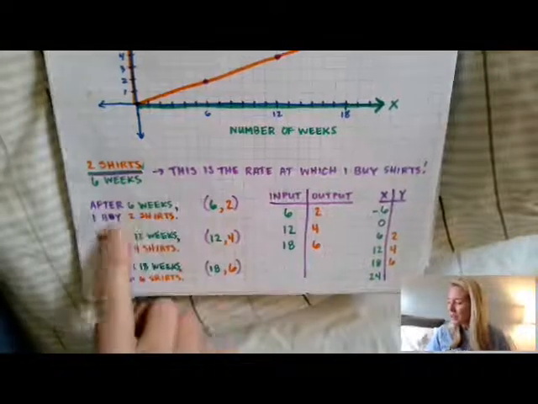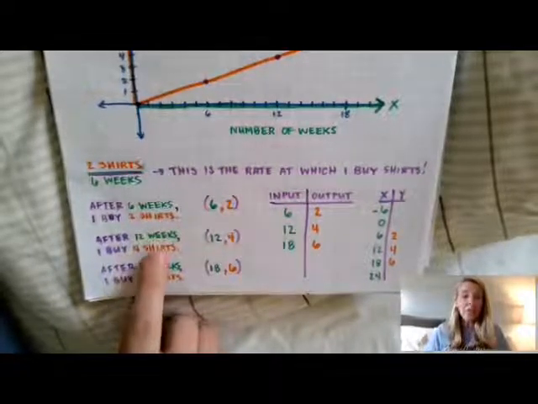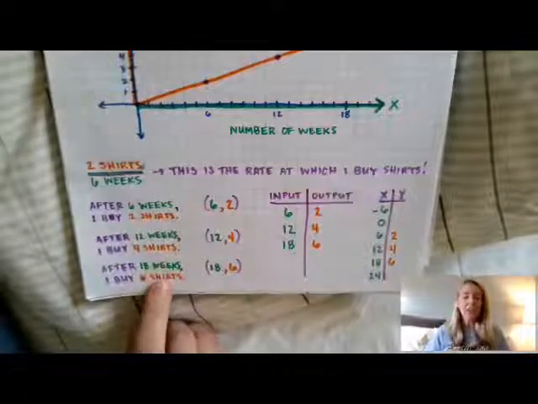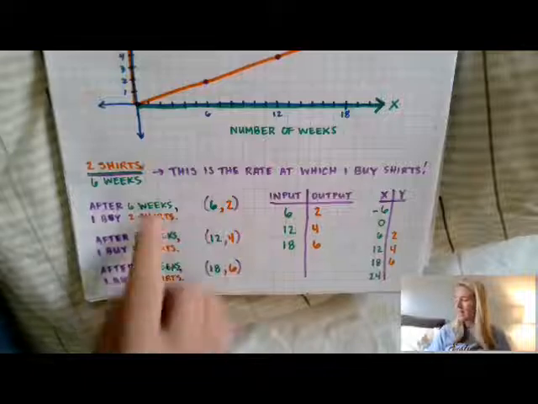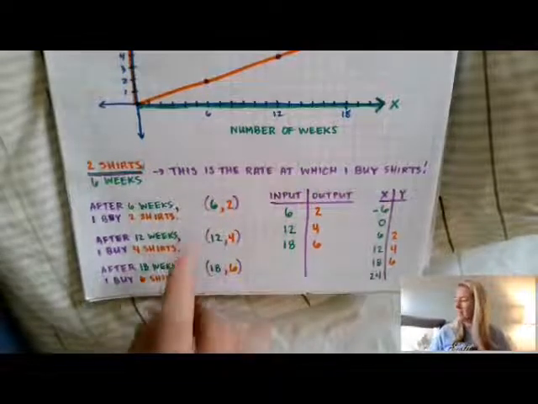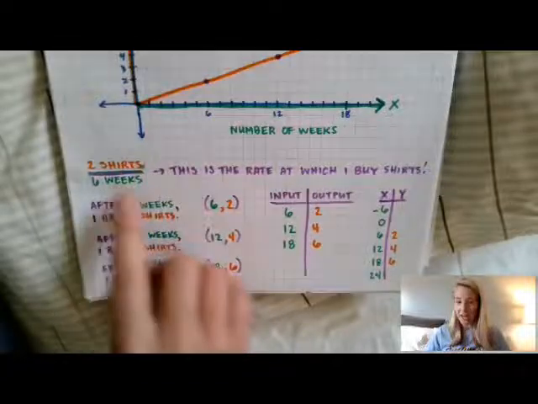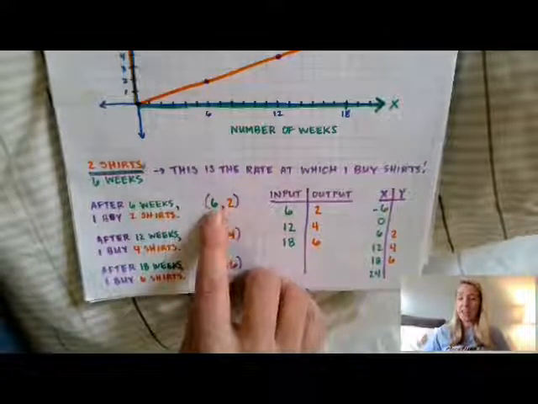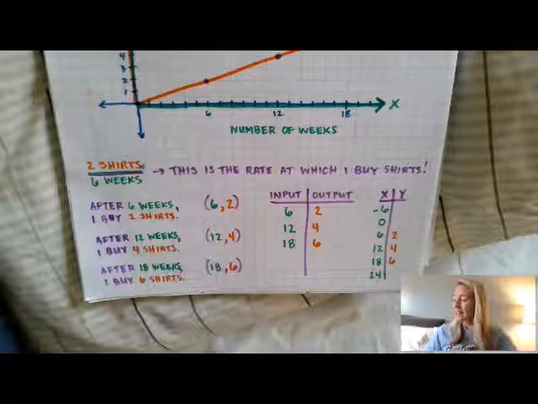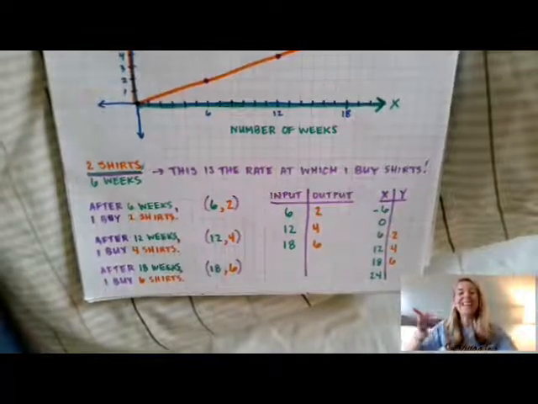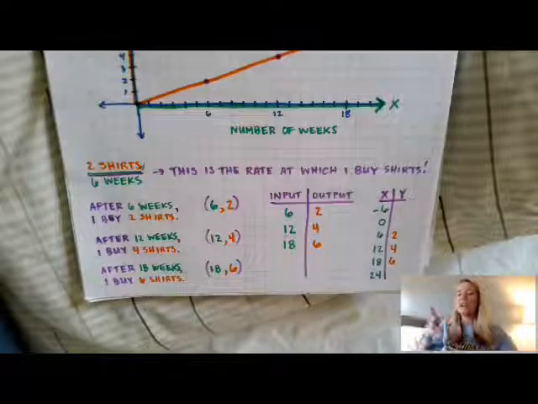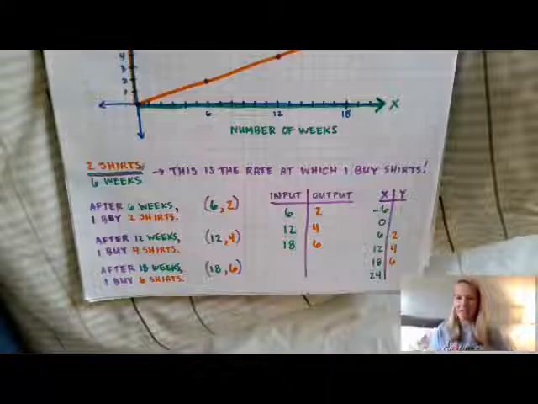So after 6 weeks, I get 2 shirts. After 12 weeks, it was 4 shirts. After 18 weeks, it was 6 shirts, okay? Now this is where it's a little bit tricky. Instead of doing shirts per week, we're going to think of the input and output, okay? So if I say 6 weeks is going to go by, then I'm going to get 2 shirts. 12 weeks goes by, then I've gotten 4 shirts.